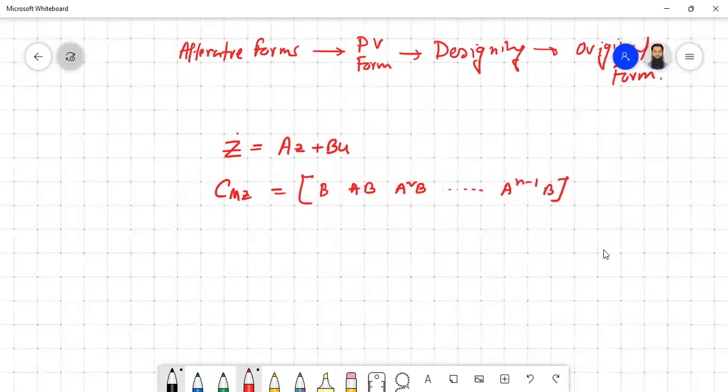Once the system is controllable, what you can do is convert it to phase variable form. For that, we have to have a transition matrix. Say the transition matrix is P, so we can represent Z equal to PX. Z is the alternative form other than phase variable, whereas X is the phase variable form.